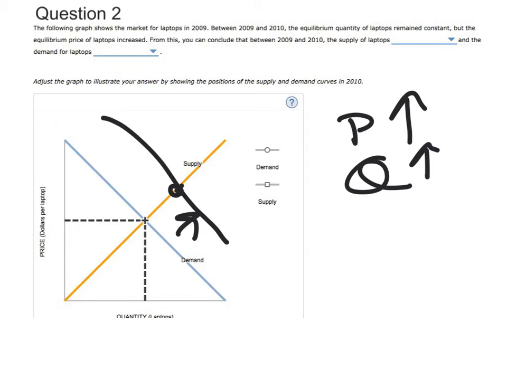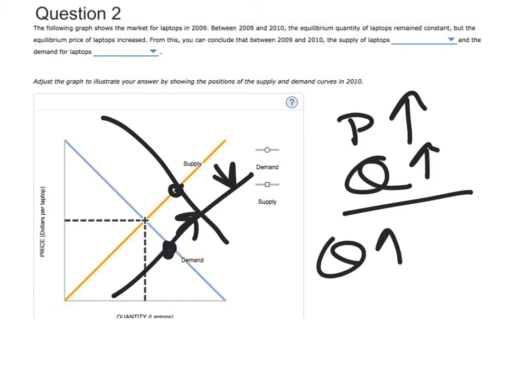Well, what if at the same time we had gotten an increase in supply? An increase in supply all by itself moves you down here. So an increase in supply moves you to a new point where quantity is higher, but the price is lower. So if those two things happen at the same time, output goes up for sure, price goes in opposite directions.